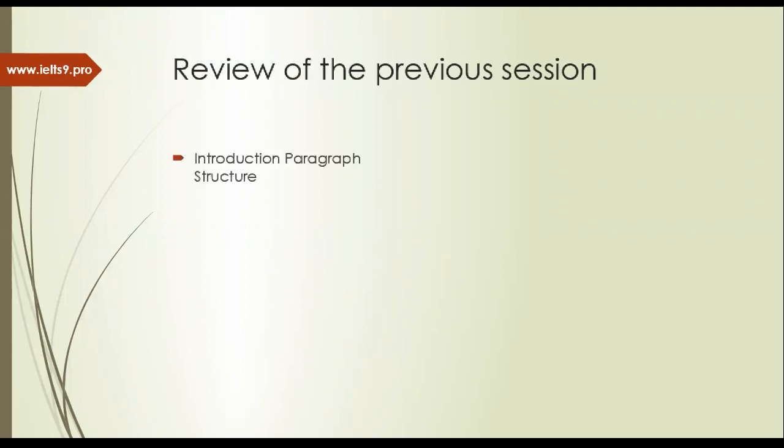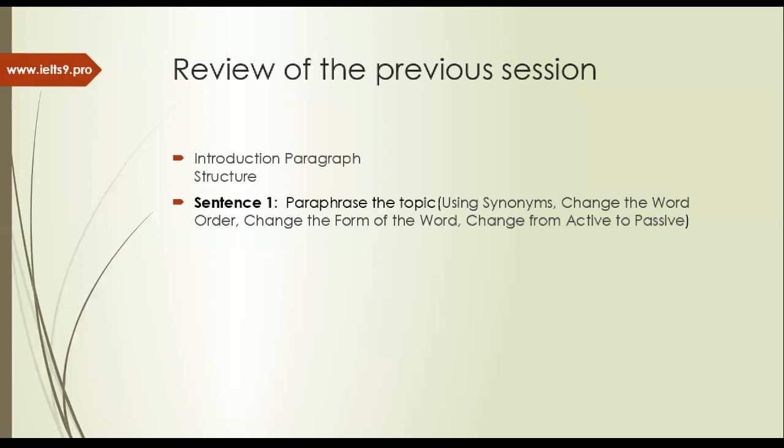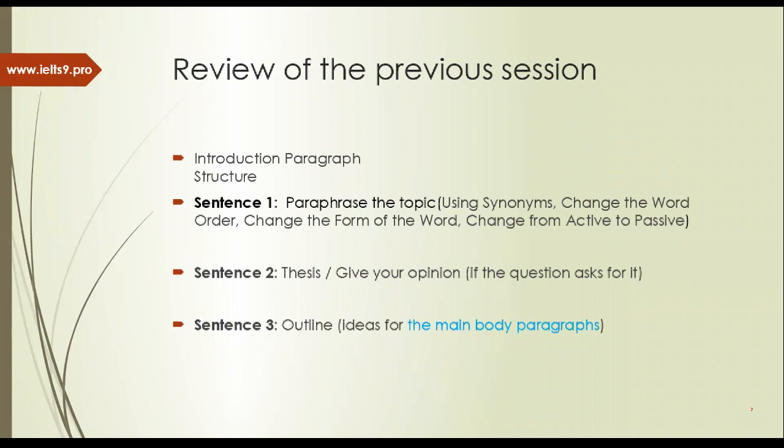We were talking about how to write an introduction and the structure. Sentence one, you paraphrase the topic using 4 different ways: synonyms, changing word order, changing the form of the word, active to passive, etc. Sentence 2, answer the question, in other words, thesis, or give your opinion, depending on how the question is worded.